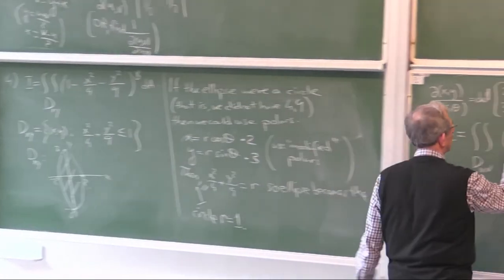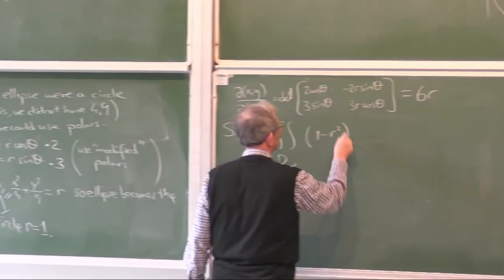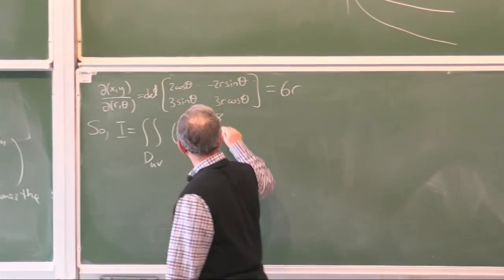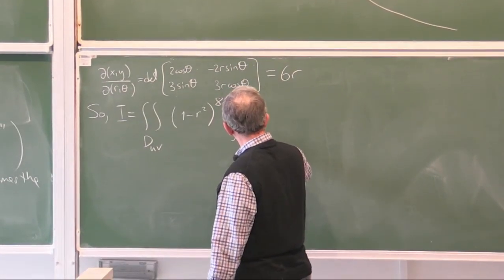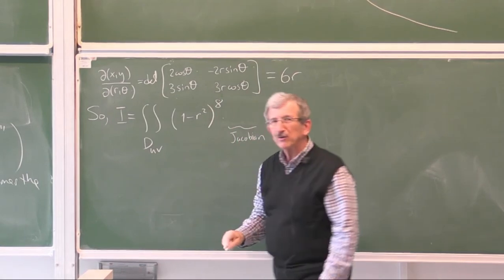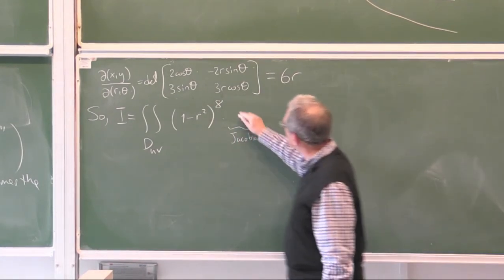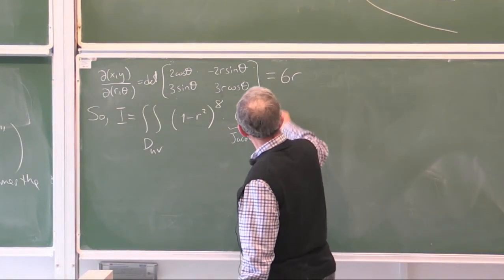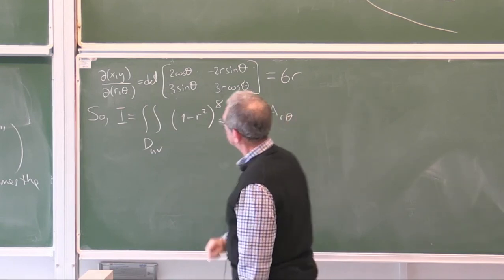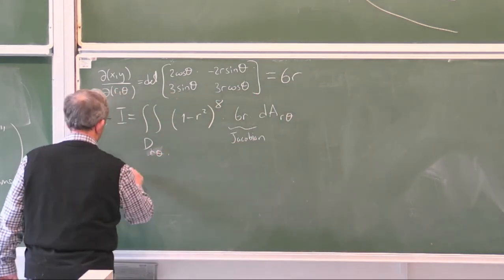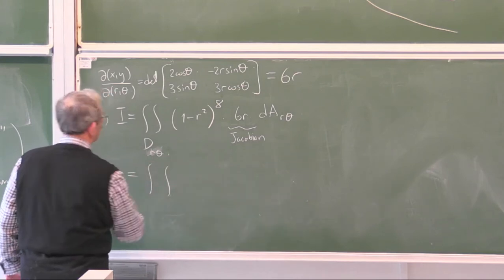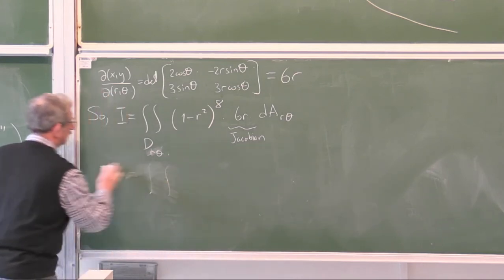So it's nothing but 1 minus r squared to the power 8 times the Jacobian. Well, we need the absolute value, but it's the same as 6r, dA in r theta. The uv's are r theta.